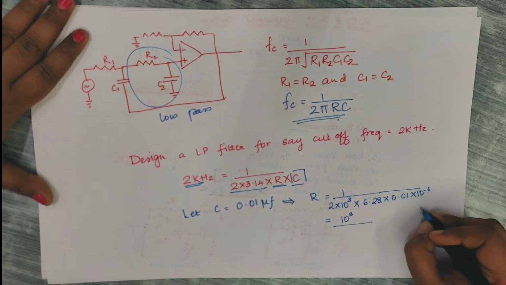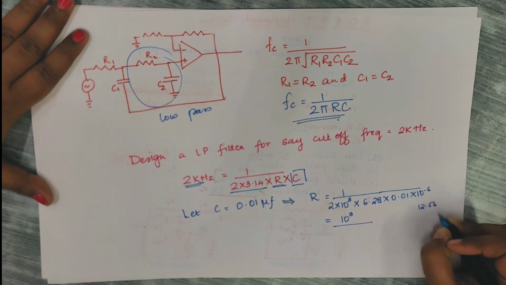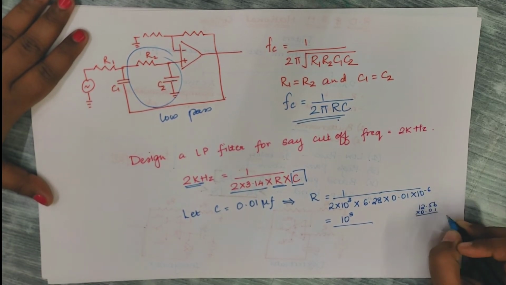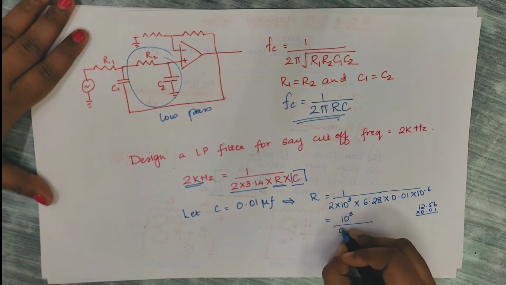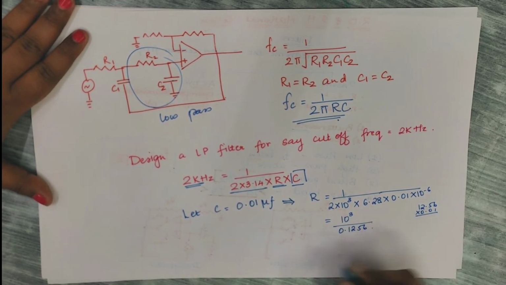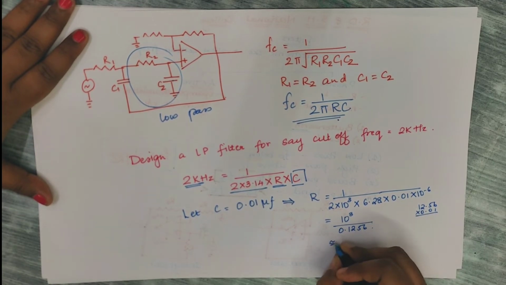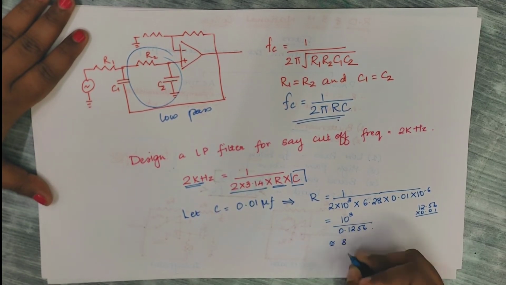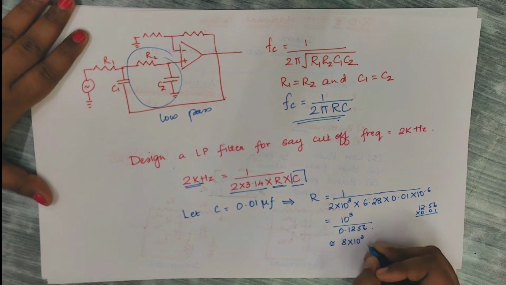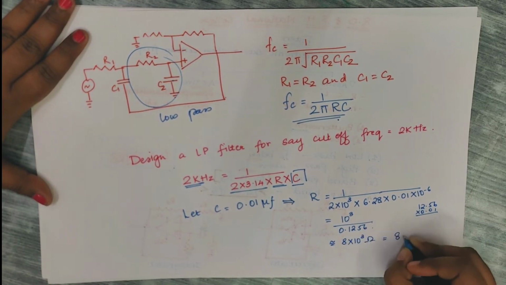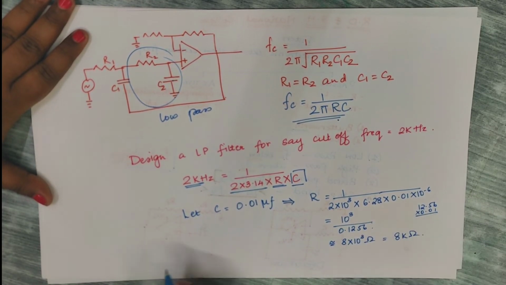So you get 12.56 into 0.01, which gives me 0.1256. So when you calculate 1 upon 0.1256, this is approximately 8 into 10 raised to 3 ohms, which is 8 kilo ohms.